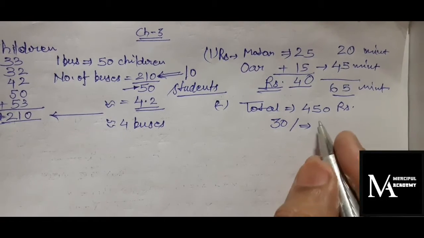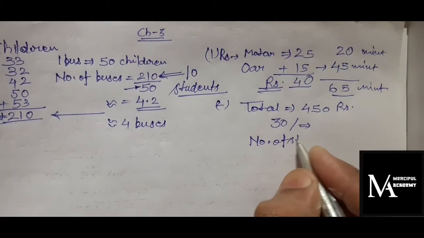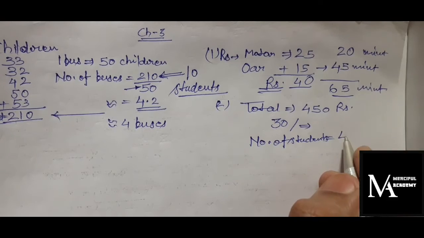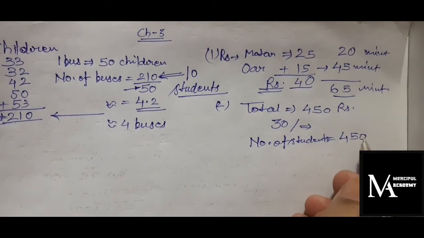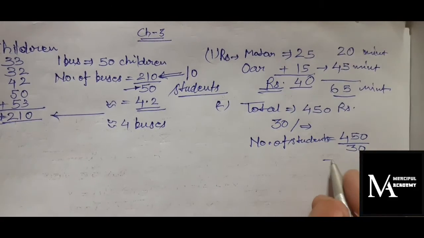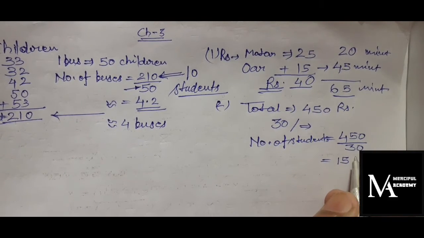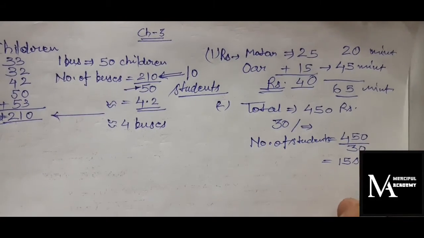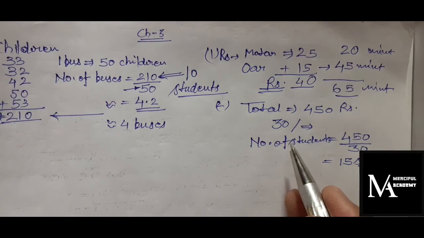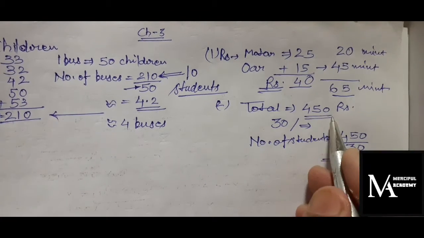We always find the number of students by dividing the total money by the money of one student. Then it will give you 15 students or 15 children.